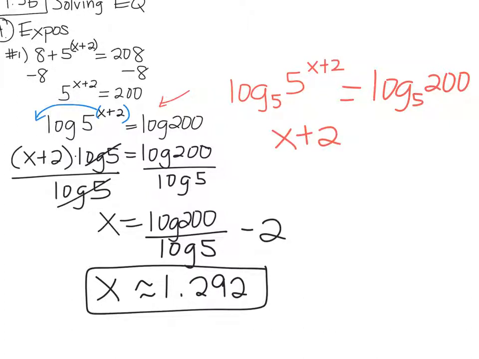It's just 1. With your calculator, most of the new ones have any log base. And then subtract 2. Does your calculator have log of any base? Mine does. Log base 5 of 200, and then minus 2. It's the same answer, just done a little bit different.